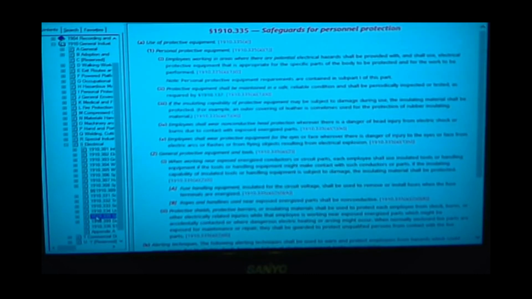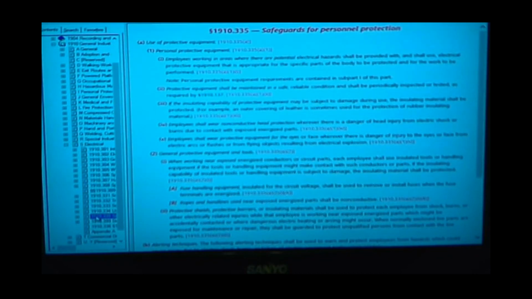It's a two-way street. Now, let me also point out that there's not one word anywhere within OSHA that says this has to be your personal protective equipment. The term personal does not mean your property. It means it covers the person. The only requirement there is that the employer has to provide. If the employer provides, the employee uses.